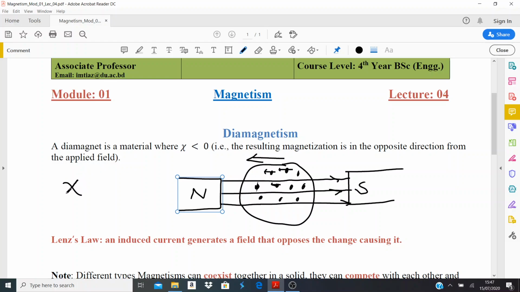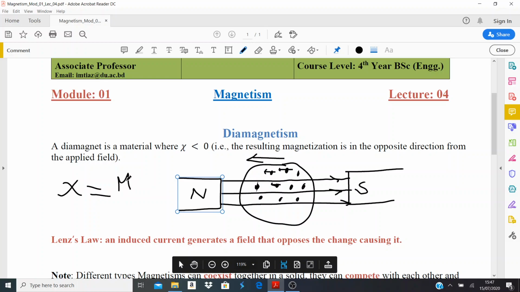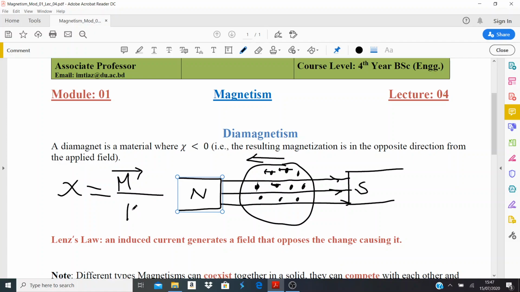That's why when we define the magnetic susceptibility as a ratio between the magnetic polarization vector of the solid to the applied external magnetic field, they are out of phase because they are opposing each other. That's why for diamagnetic material, chi is defined to be less than 0.